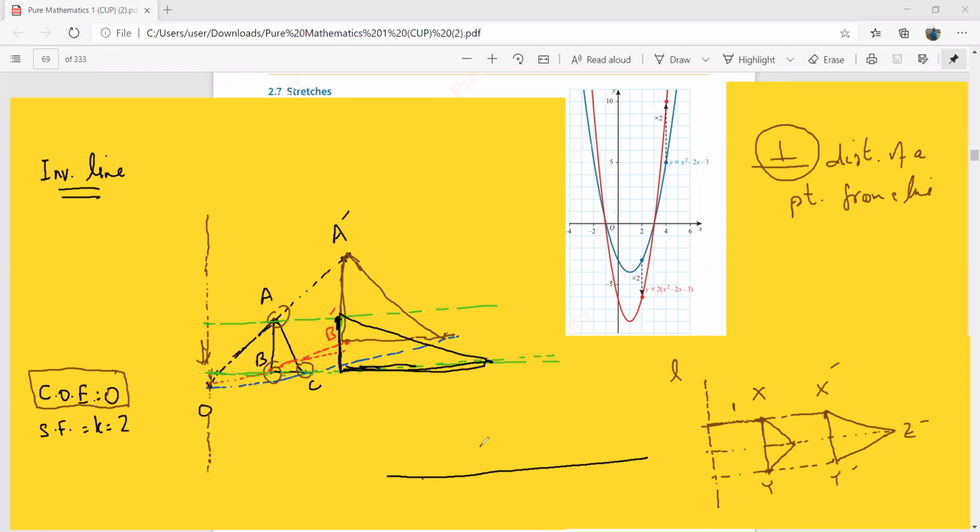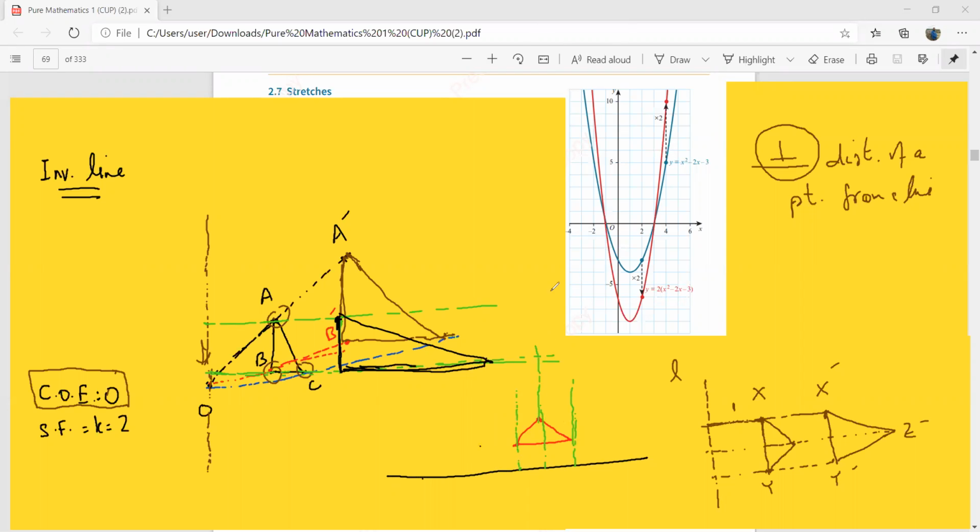Now, suppose a triangle is like this over here, let's say this is how the triangle looks. After a vertical stretch, you see that the locus of the images of these points would be like this, because you have to move perpendicular from the invariant line, okay, through these points.